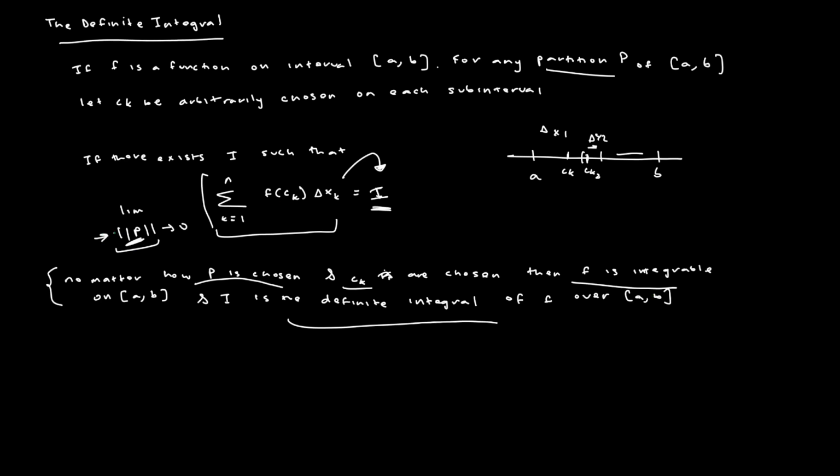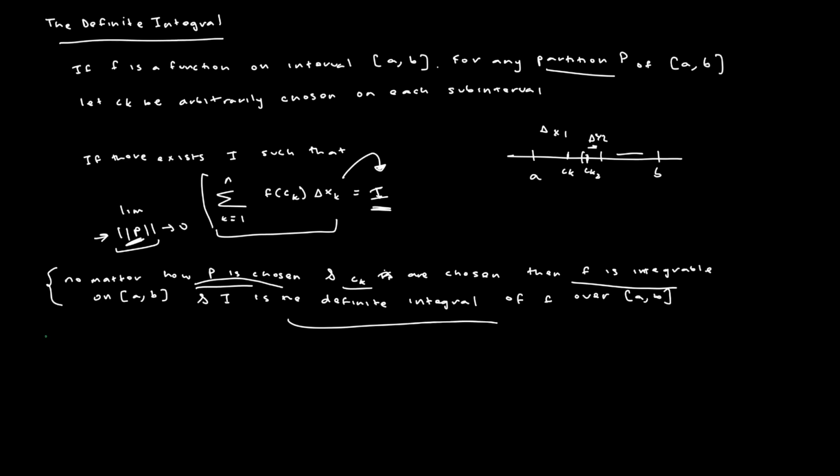And so from the last part, this part about no matter how p is chosen, it might just be easier for us to reason about integrals if we chose p in a specific way, because the definition says there's no difference in how we choose p, so we are free to choose p in any way as well, right?